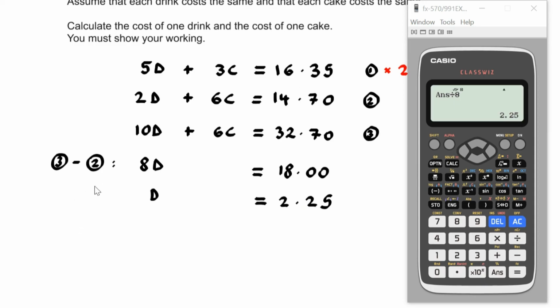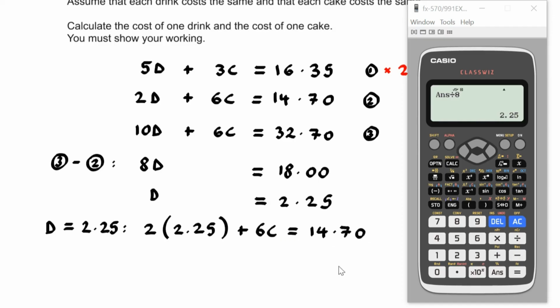So now that I know what d is, I can now find out what c is. We can substitute into equation 2, so with d equaling 225, we've got 2 times by 225 plus 6c equals 1470. So if I do 2 times by 225, I get 450.